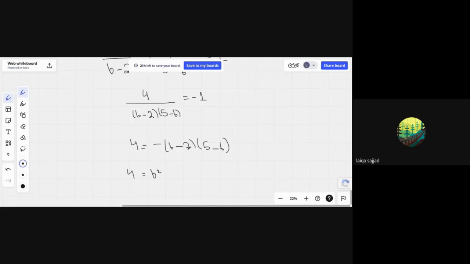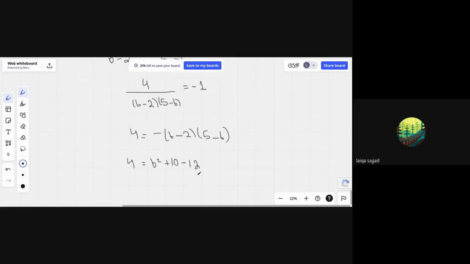Then plus 2 times 5, which gives plus 10.